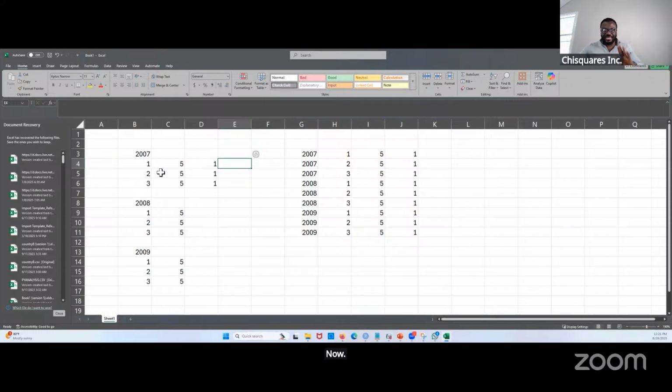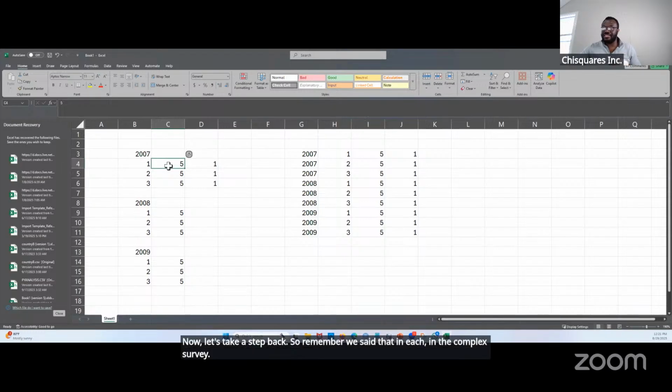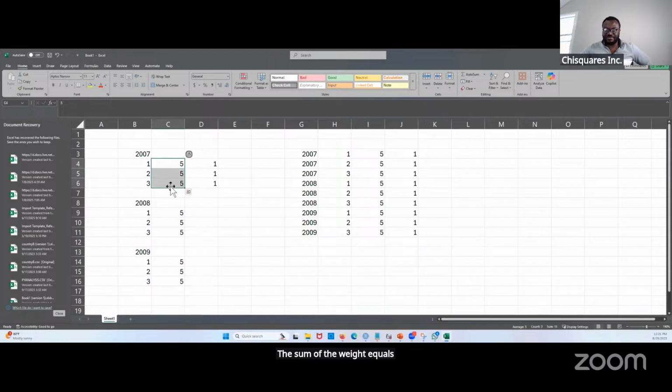Now, let's take a step back. So remember we said that in the complex survey, the sum of the weight equals what? Let's start from there. I think that's an easier way to start. The sum of the weight in each year gives you what? Who remembers? So if we add 5 plus 5 plus 5, this is equal to 15.